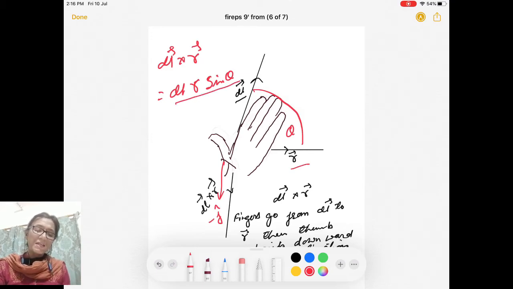So here with magnitude you will be writing the unit vector. Any vector is represented by magnitude into unit vector along that direction. So this is how you will be finding the direction of two vectors.